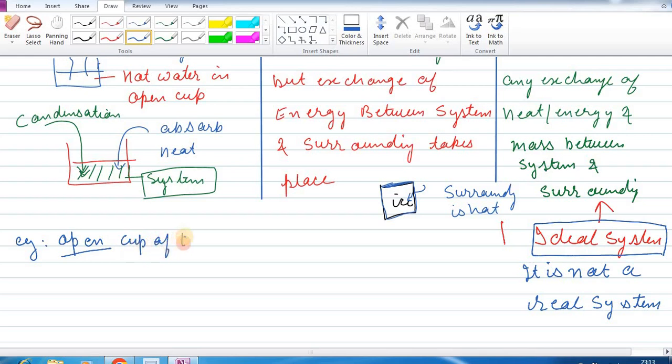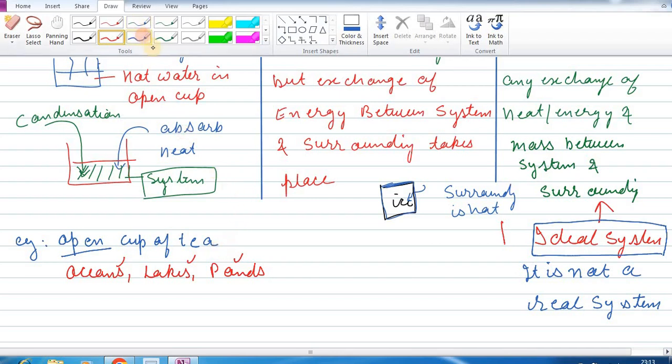Similarly, oceans, lakes, ponds, etc. are open because they do exchange energy with their surrounding. There is evaporation from the ocean, from the lakes, from the ponds. So with the evaporation, not only mass changes but energy also. There is exchange of mass as well as energy.